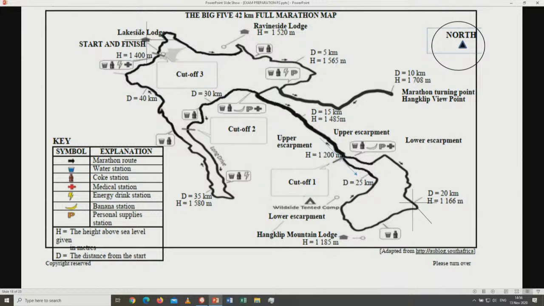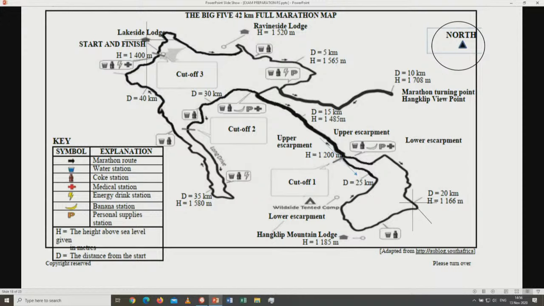Lakeside Lodge is not there, it's not there. Look for the specific place where you get the Lakeside Lodge. So here is Lakeside Lodge. Then you go and you put in your marker towards the 40 kilometer mark. And in which general direction is the 40 kilometer mark from Lakeside Lodge?